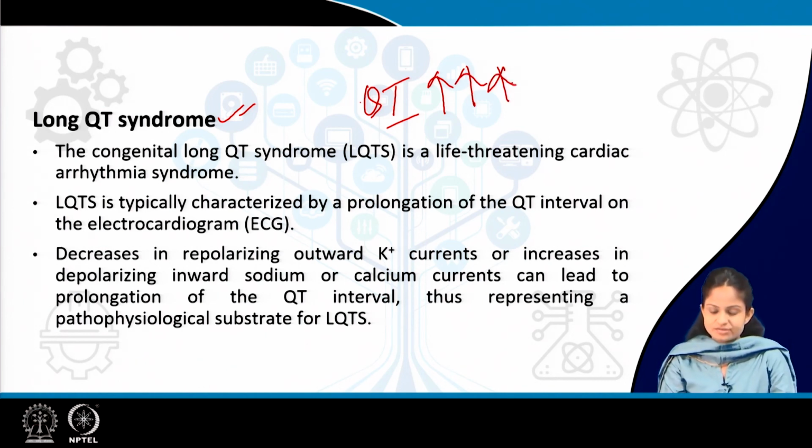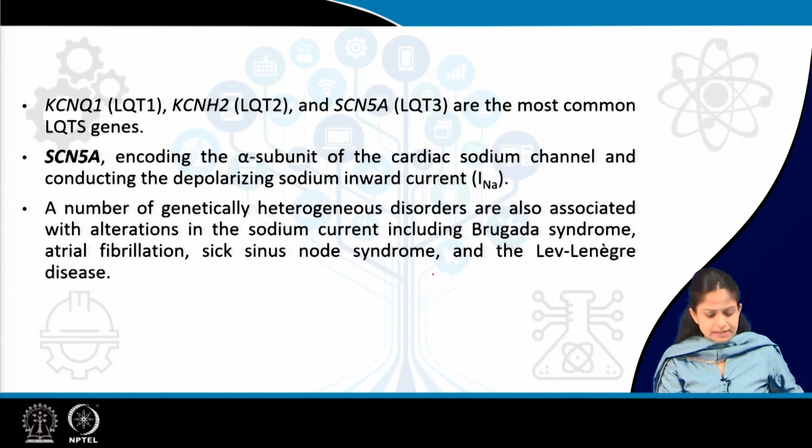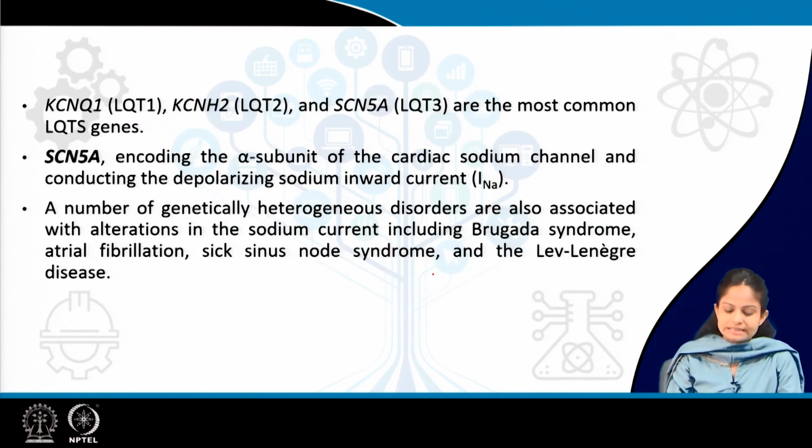Now, this can happen because of delayed repolarization due to the outward potassium channels, or because of increased depolarization through the inward sodium channels, or even the calcium currents. All three major channels can be involved in long QT syndrome, whether potassium, sodium, or calcium channels. Specifically, if we talk about the sodium channels, it is SCN5A.